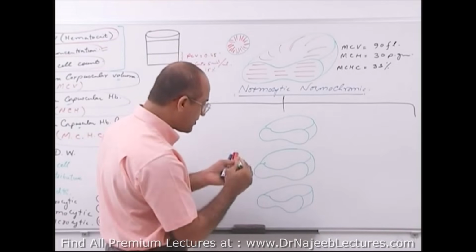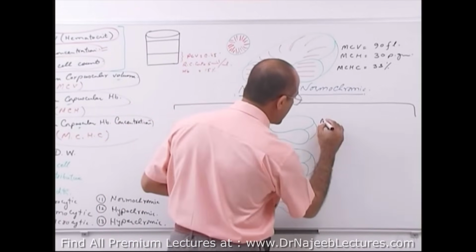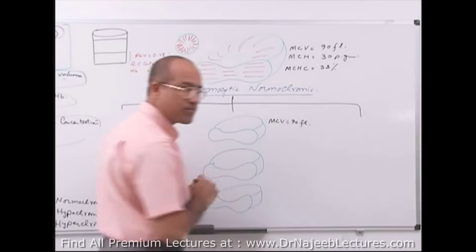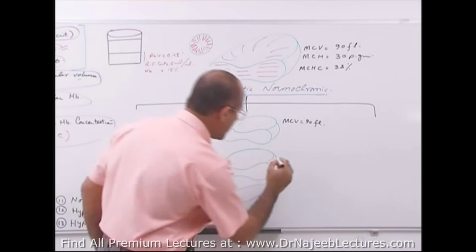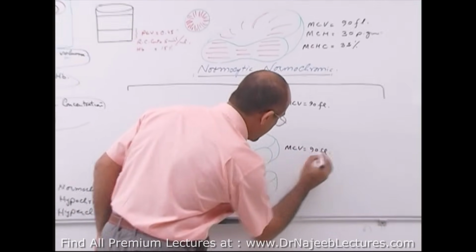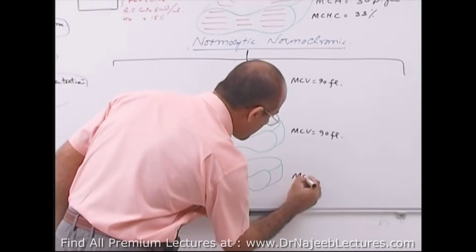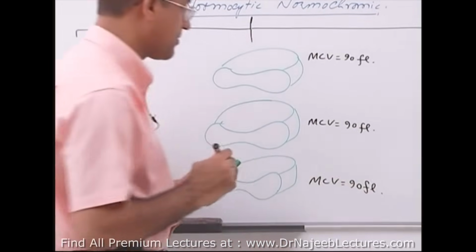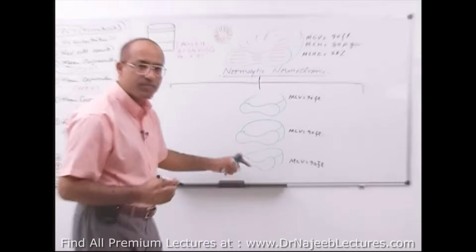For example, in all of them, mean corpuscular volume is 90 femtoliter. This is from another patient and mean corpuscular volume is 90 femtoliter. So all of them are normocytic.